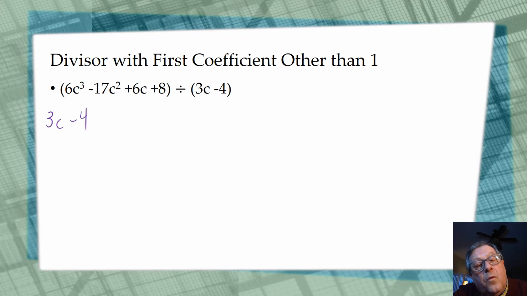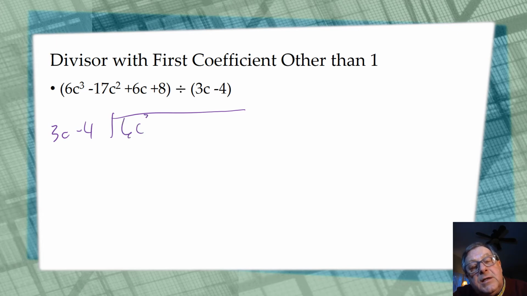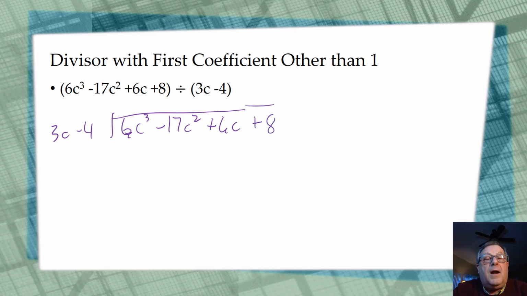3c minus 4 divided into, well, let's see, I better give myself a little more room. 3c minus 4 divided into 6c cubed minus 17c squared plus 6c plus 8. Let's see what happens here. How many times will 3c go into 6c cubed?